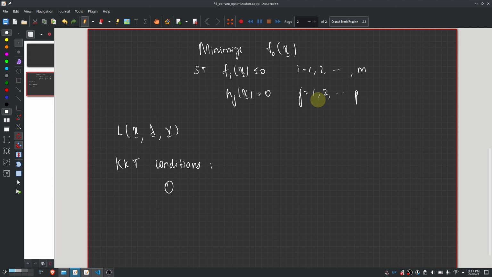So you have one Lagrange multiplier lambda for each inequality constraint and one nu component for each equality constraint.